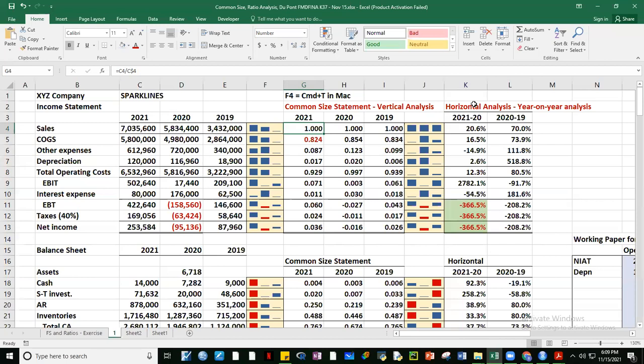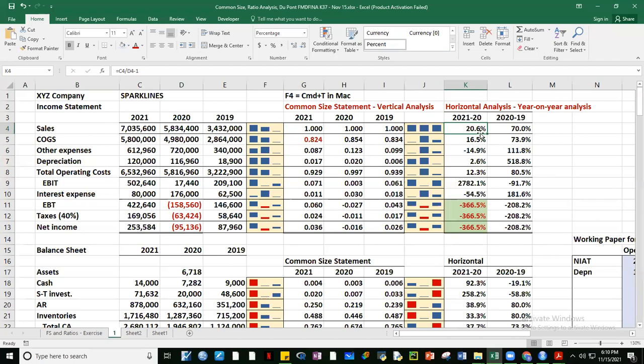Now, as regards horizontal analysis, okay, we look at how the account has grown over the years. Okay, so for example, as far as sales is concerned, the company increased sales by 70% between 2019 and 2020. Okay, and in 2021, it just increased by 20.6. So a lower percentage increase for the period 2021 and 2020.